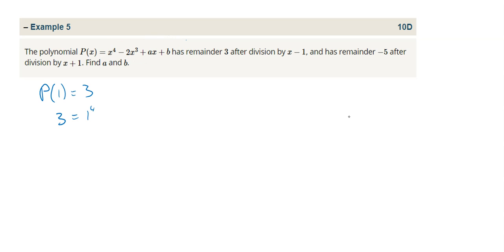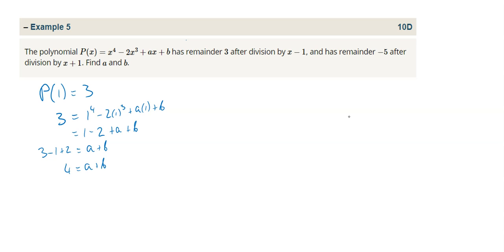So 1 to the 4 minus 2 times 1 to the 3 plus A times 1 plus B. Cool. So that's 1 minus 2 plus A plus B. Taking those over, I'd get 3 minus 1 plus 2 equals A plus B. Therefore 4 equals A plus B.